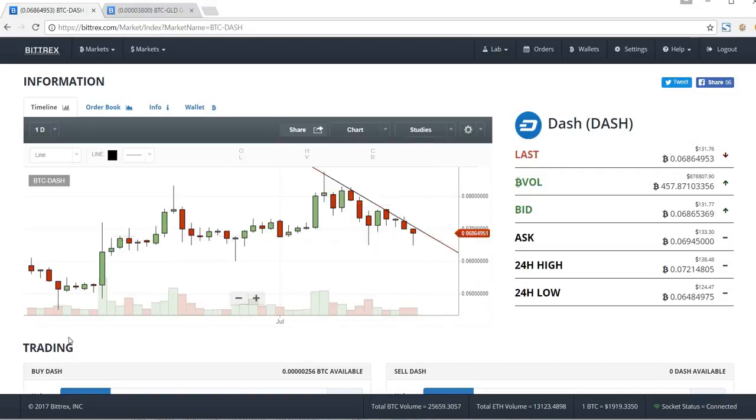That would be one part to look at. One other thing we need to look at is the volume. That is, these bars at the bottom here, they're all daily volumes. Right now the volume is pretty indifferent the last 10 days. But when you look at volume, you should look at large bars like these. And interestingly enough, when we had a large bar here, we had a nice price movement to the upside in this case.